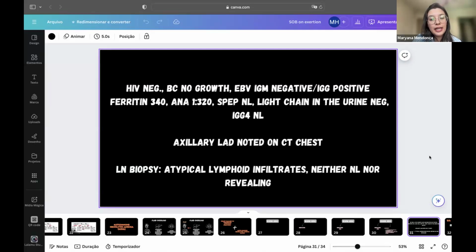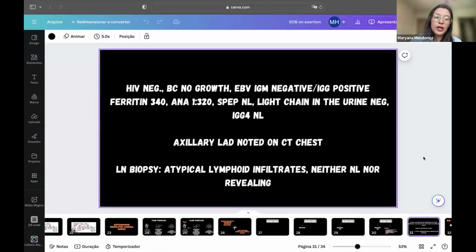And we also had ANA positive, but for ANA, we would be thinking especially of lupus and scleroderma, and it would be very unlikely that these conditions appear without any kidney involvement. So it was not very relevant for us in this case.